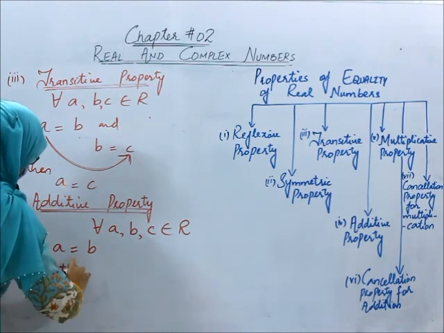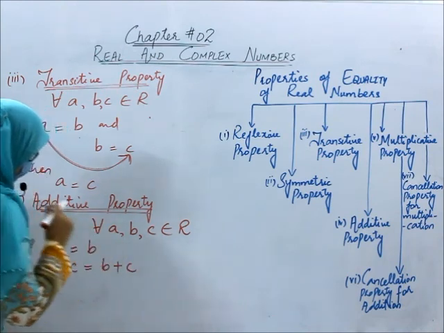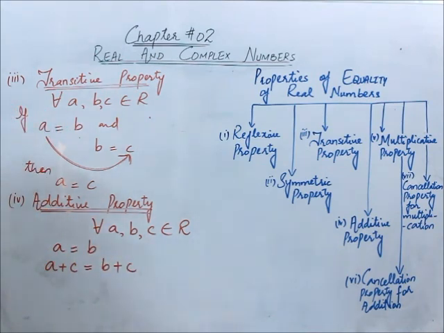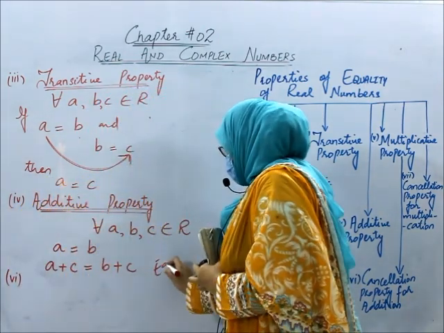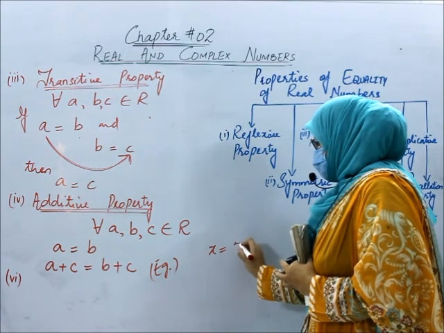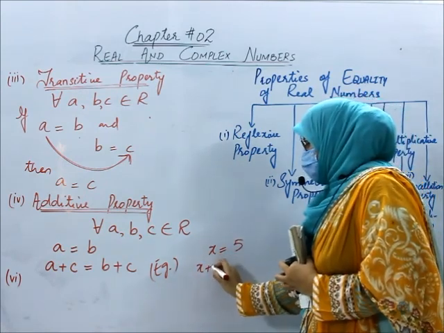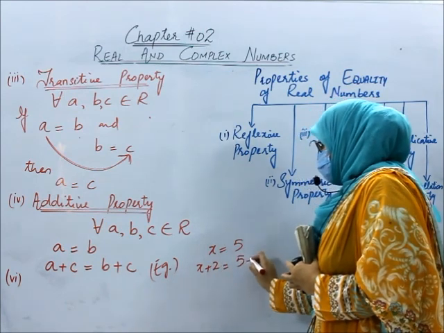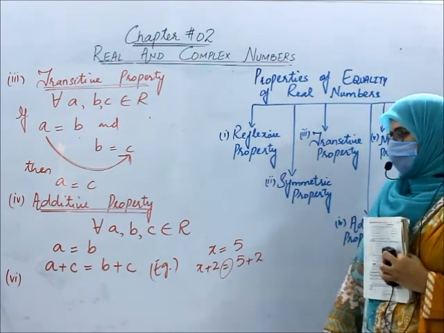That is, if we add C on the left side, we will add C on the right side as well. This is the additive property. You can take an example as well: if you have the equation x equals 5 and we add 2 on the left side, we will add the same number on the right side as well to keep the balance of the equation.